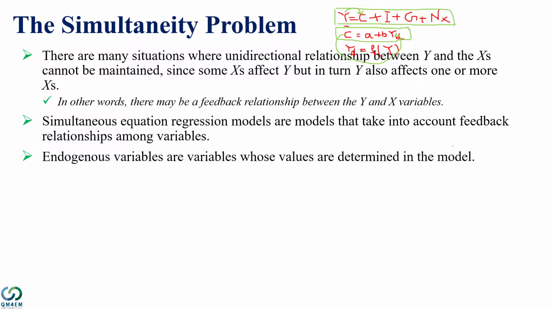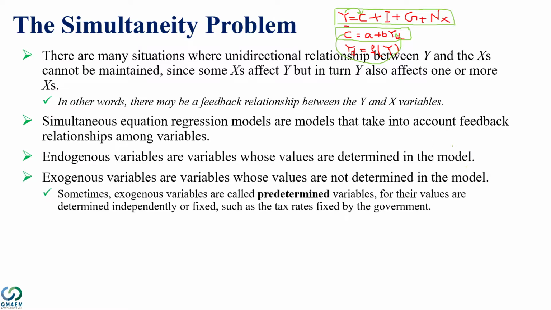There are two major kinds of variables associated with these kinds of models. The first one is called endogenous variables, or the variables that are determined within these models, and then we have the exogenous variables, or the variables that have been determined outside of the model.